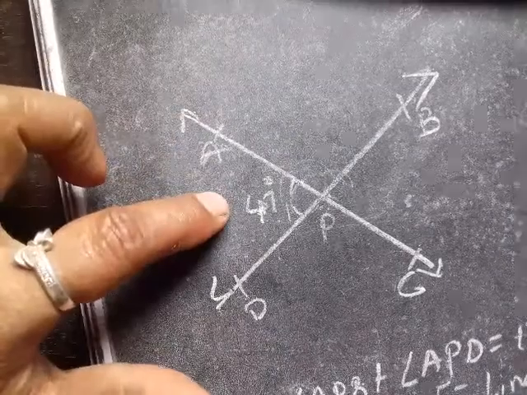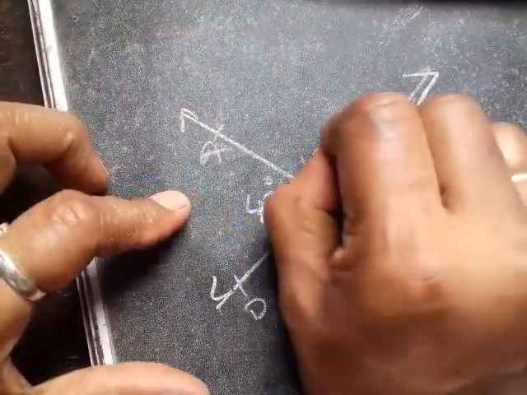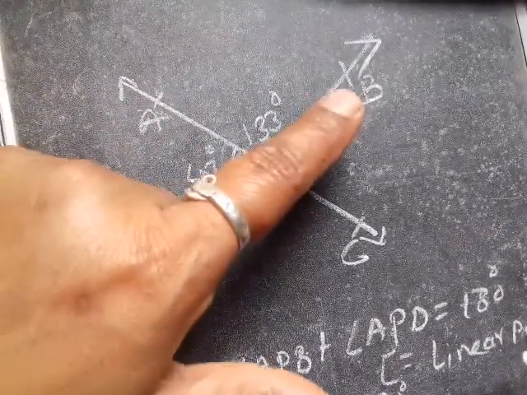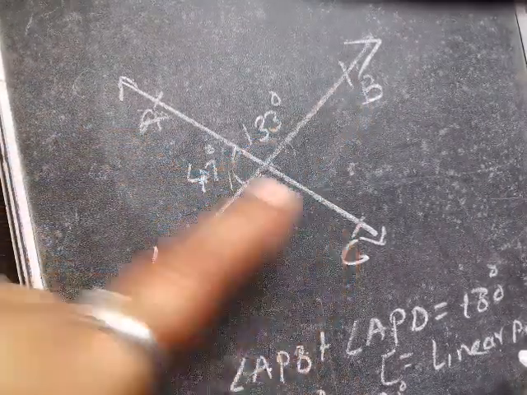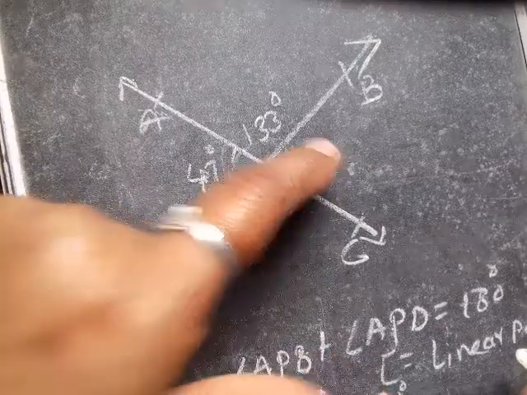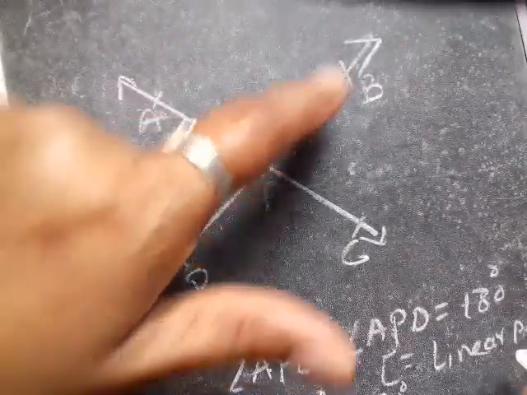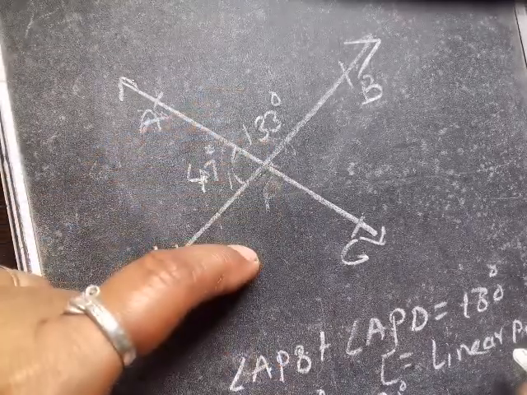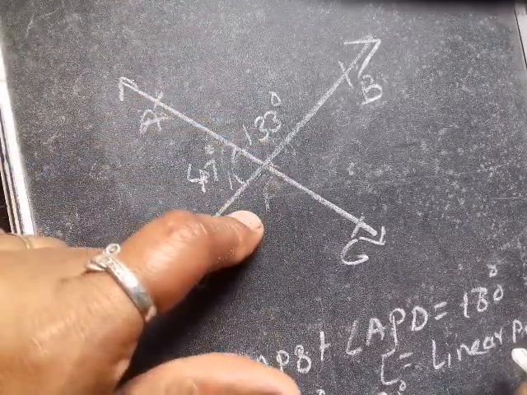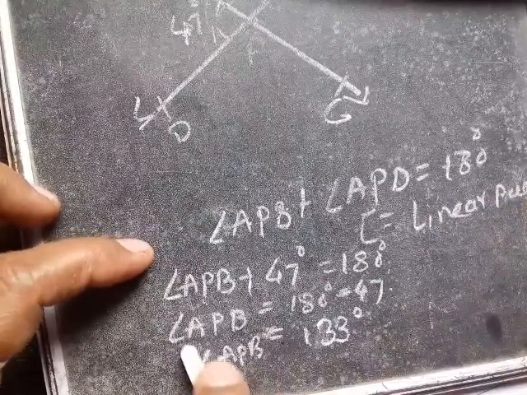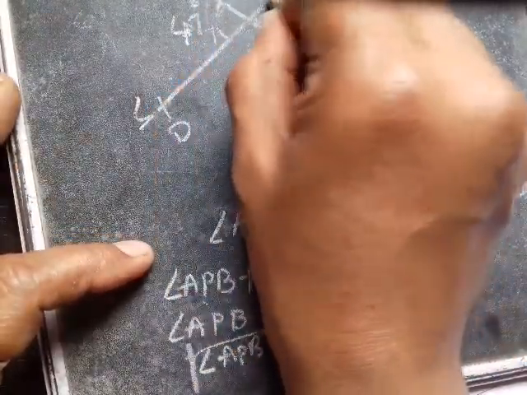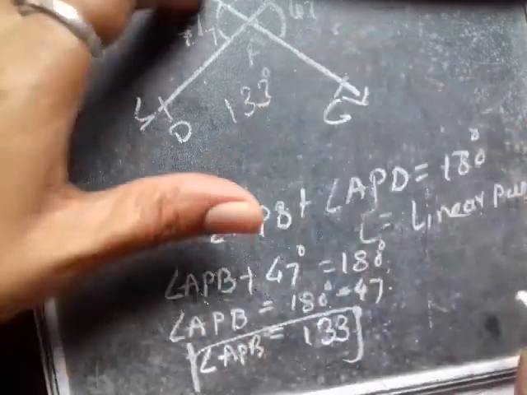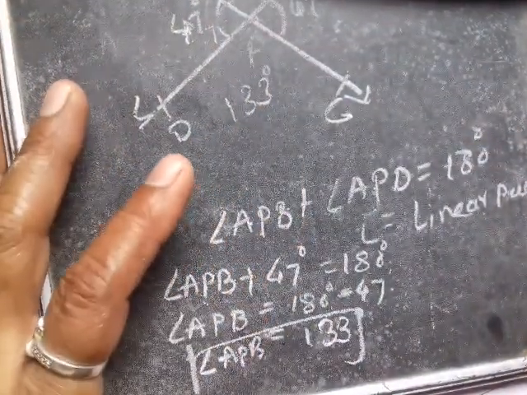So this is 47 and this is 133. Now angle APD equals the measure of angle BPC. Why? Vertically opposite angles. And the measure of angle APB equals angle DPC, 133. Why? Because vertically opposite. Once you calculate this, this angle is congruent to 47, and this angle is congruent to 133. Like that you have to solve it.